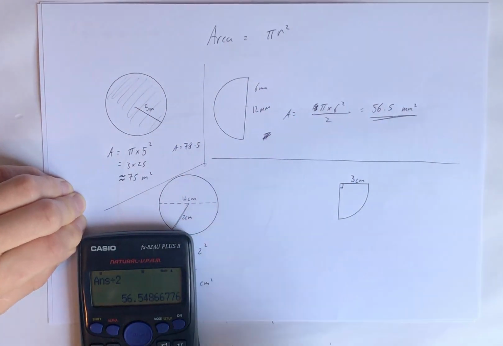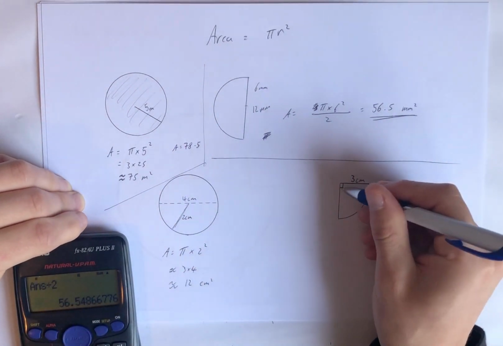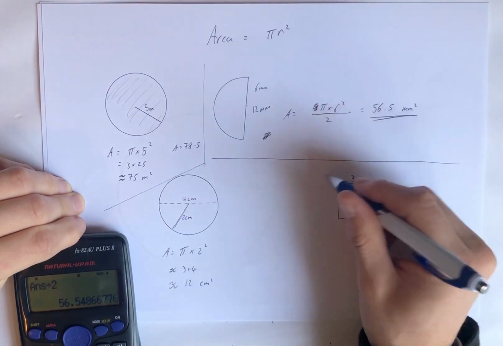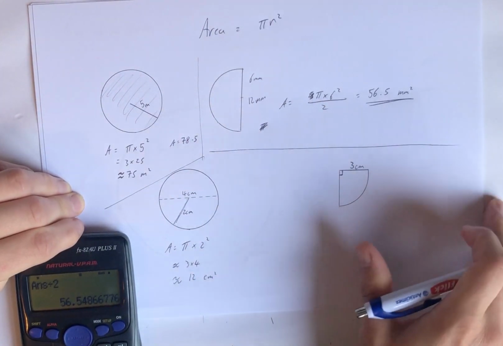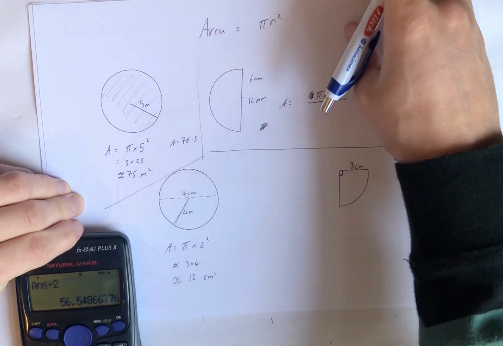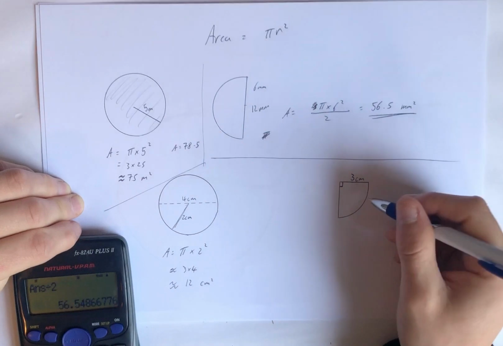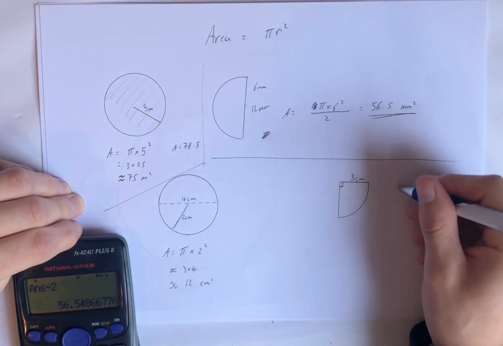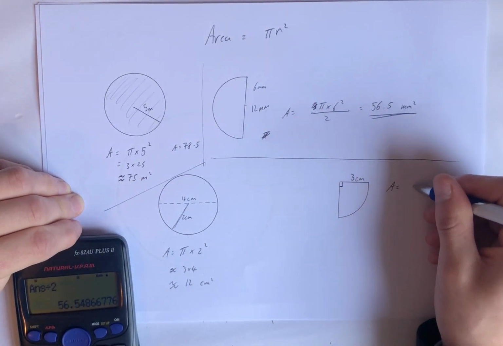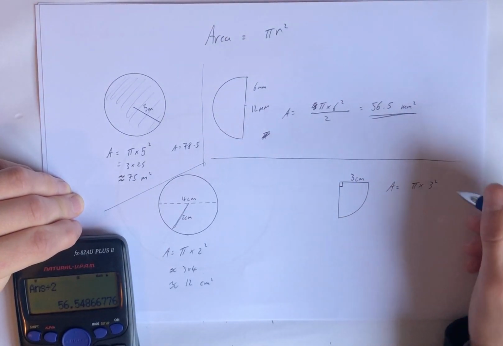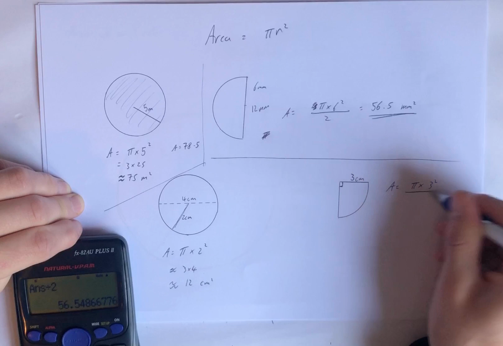So let's have a look at this. This is a quarter circle because it's got 90 degrees. And so 4 of those would make an entire circle. Make a 360 degree turn. So if we want the area of this thing, we've got the radius. This area is going to be pi times r squared, but we've only got 1/4.